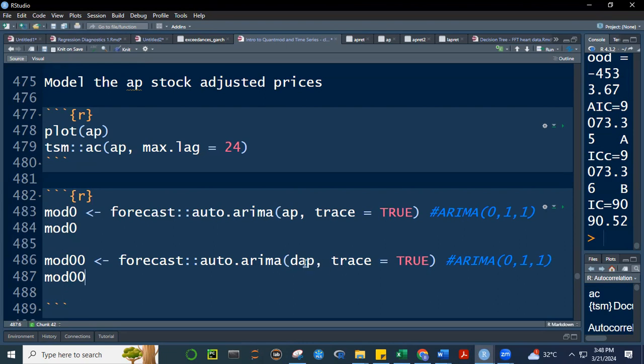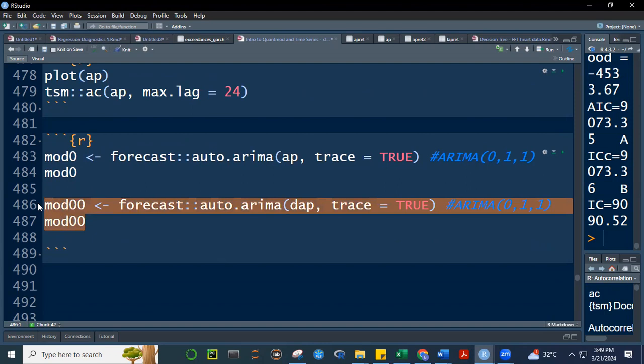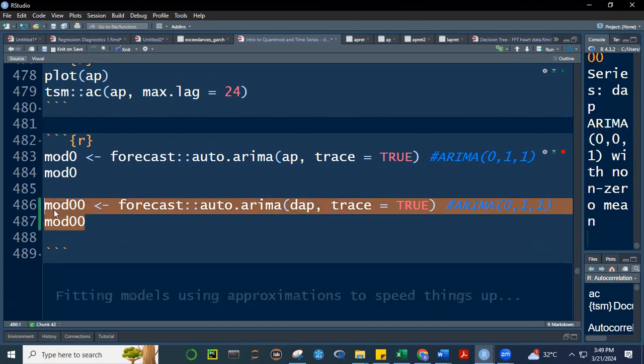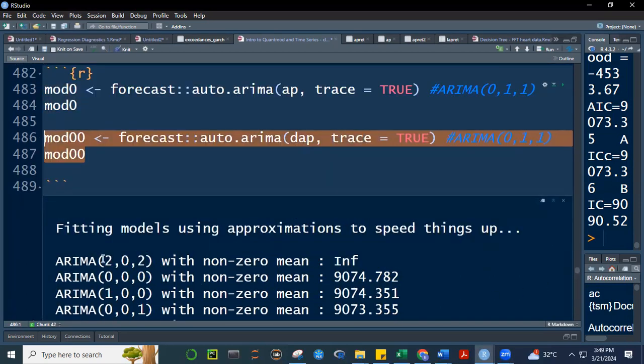So what will happen if we instead model yung DAP, which would have been the same for this one kasi difference data set to? Okay, so i-run ko lang to, class.